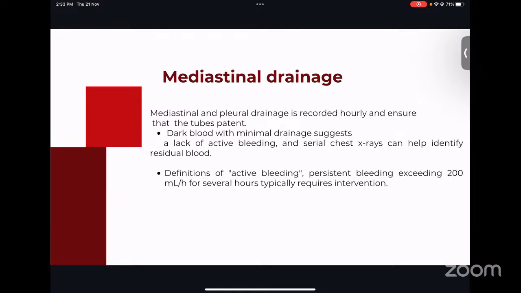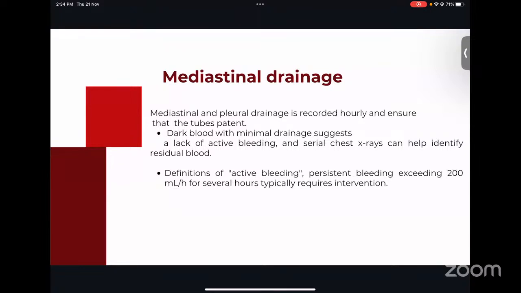When the patients are moved, they may drain significant accumulated blood, which could indicate acute bleeding necessitating surgical exploration. Dark blood with minimal drainage suggests a lack of active bleeding, and serial chest X-ray may help us to identify the residual blood.